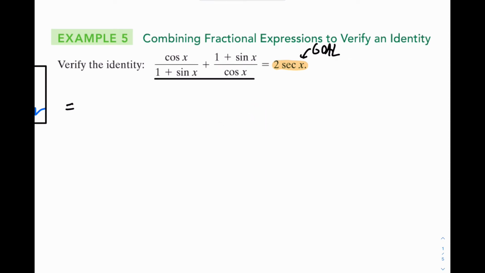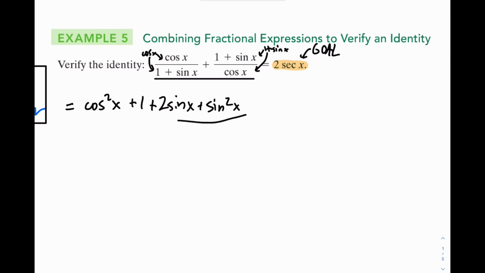Instead, let's do common denominator because we want to combine these 2 things. So this one on the left, we'll need cosine top and bottom. And this one on the right, we need 1 plus sine, top and bottom. So put together, cosine squared plus 1 plus 2 sine x plus sine squared, all over your common denominator.